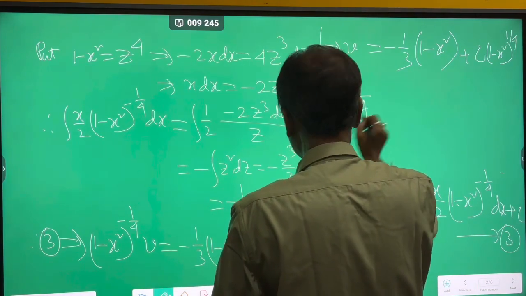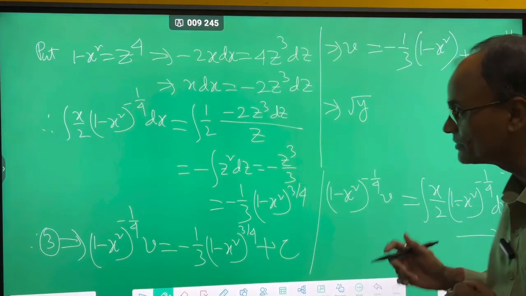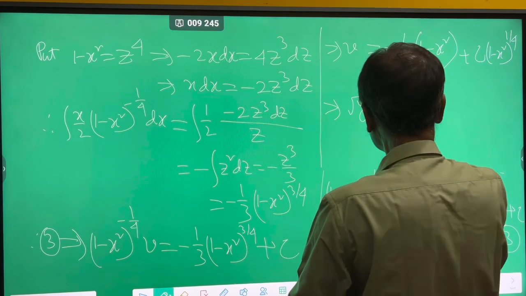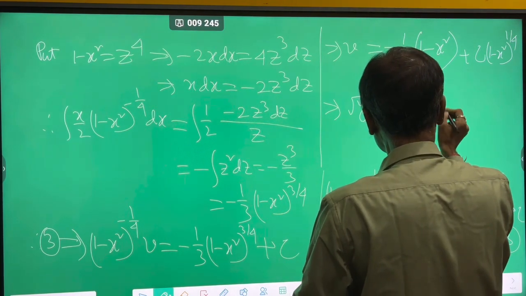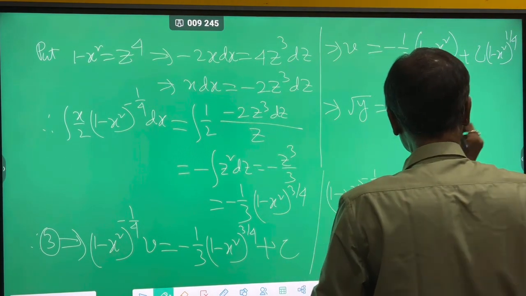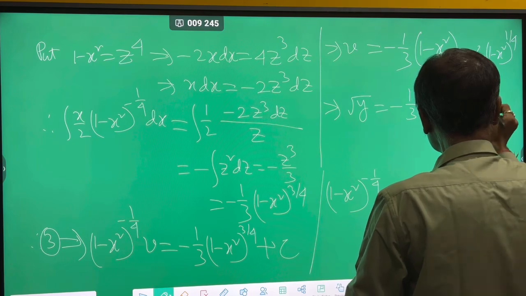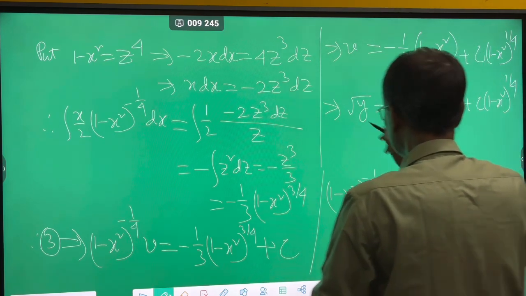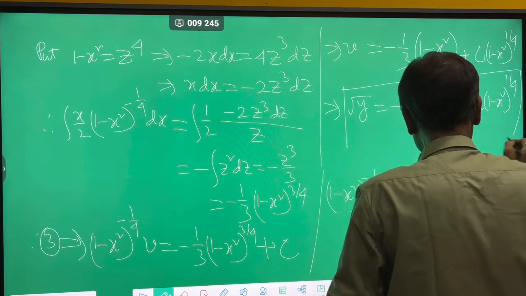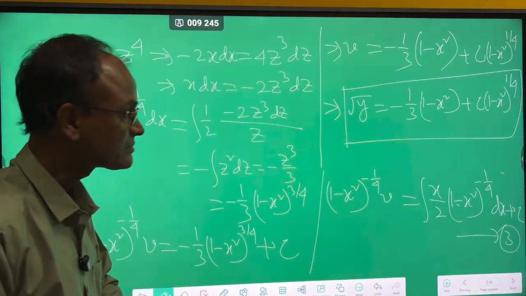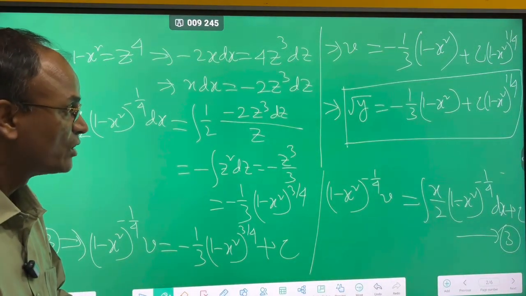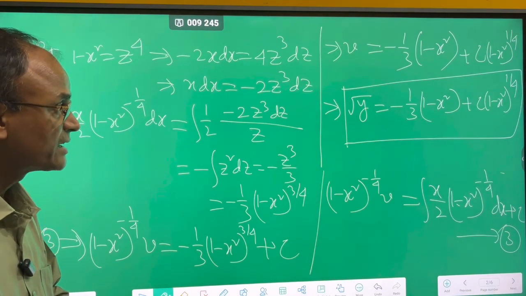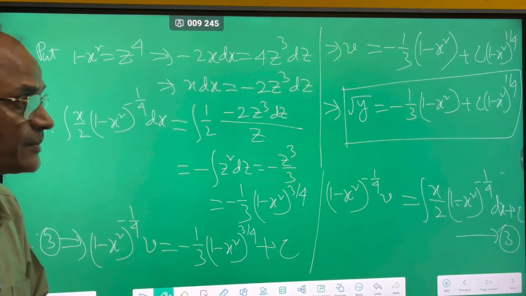V means root over y or y to the power half equal to minus 1 by 3 1 minus x square plus c 1 minus x square whole to the power 1 by 4. This is the answer of this question.